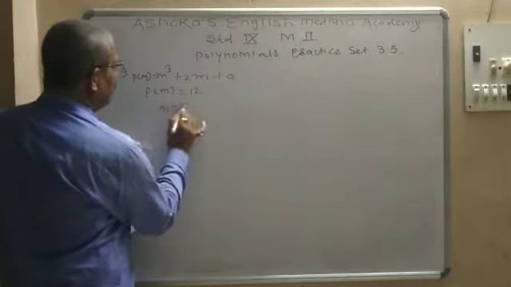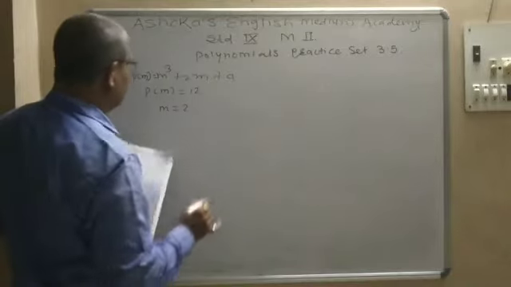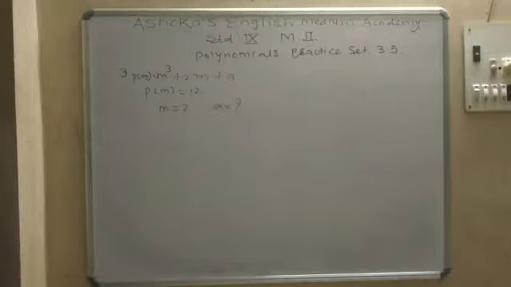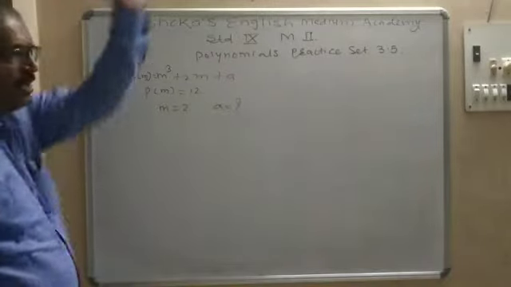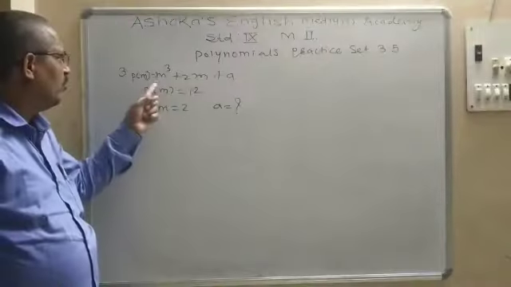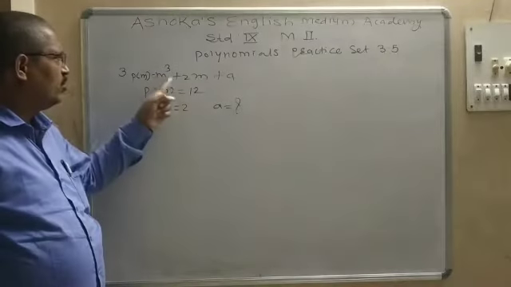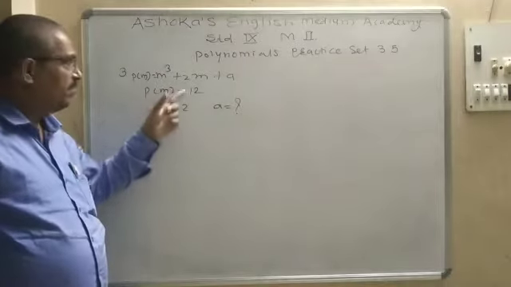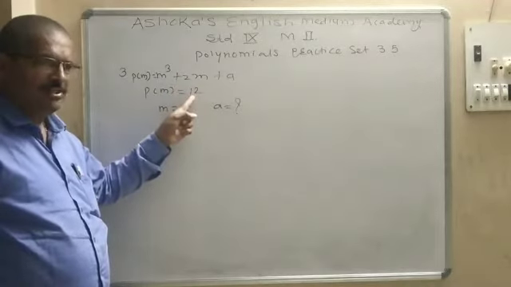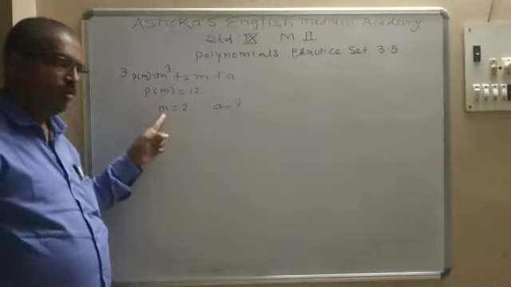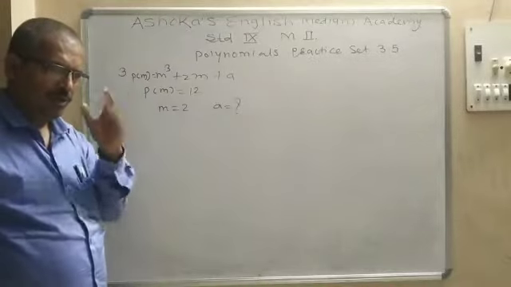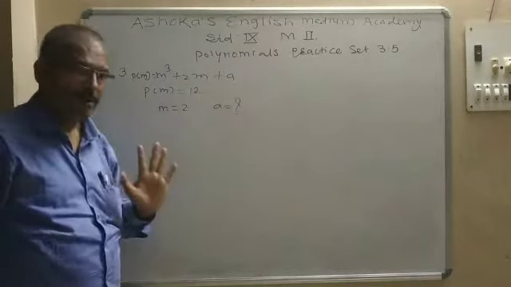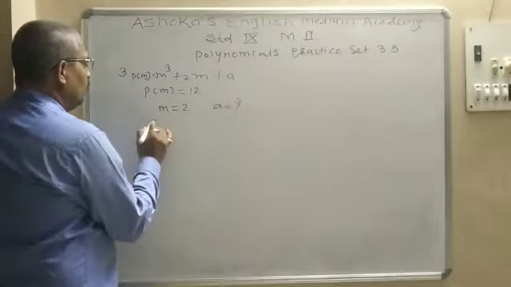Put m is equal to 2 and ask what is the value of a. What is the polynomial? Polynomial p(m) is equal to m cube plus 2m plus a. The value of this polynomial is 12. We have to take m is equal to 2 and find the value of a.